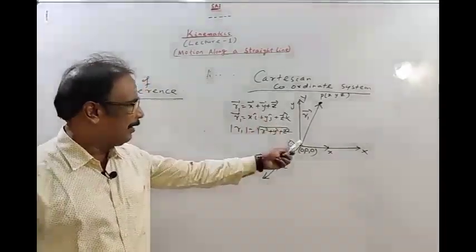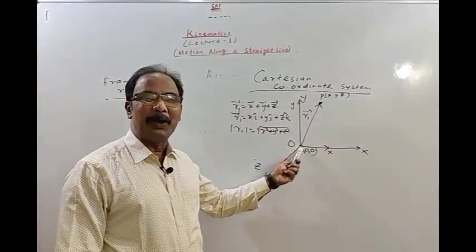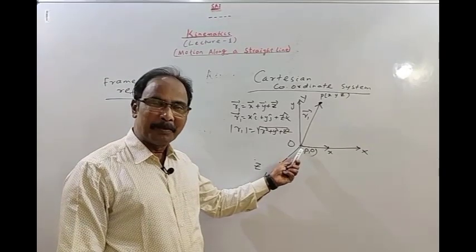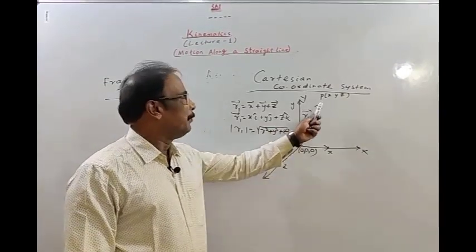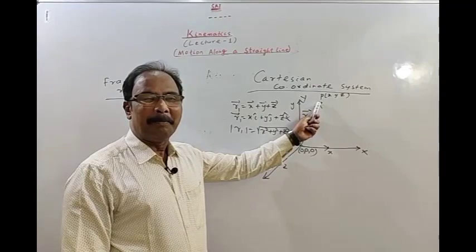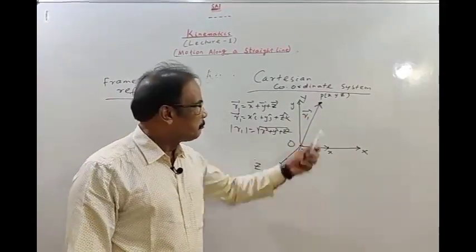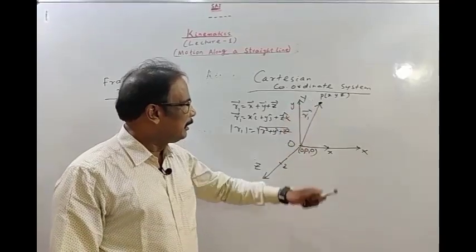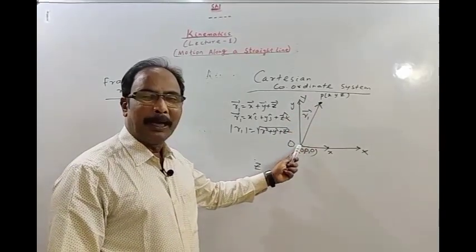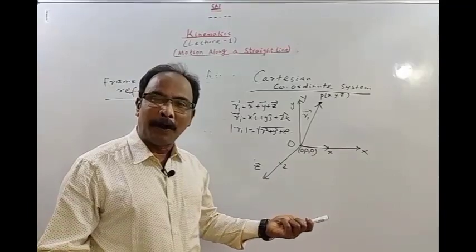That standard point is the origin, meaning the origin is the reference point. From the origin we can observe the position of a particle or an event. Position is always determined with respect to a reference point, which is the origin.